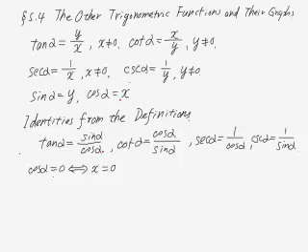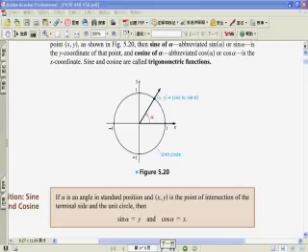Right? Now let's look at the graph. So you look at this graph, let's see when the x coordinate of this point of intersection is equal to 0. So x equal to 0 means this point is on the y-axis. Either you have this point, right, or you have this point for which the x coordinate is equal to 0.